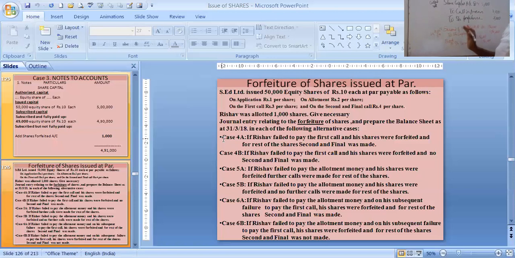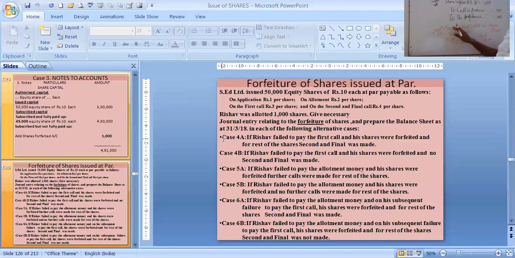Journal entry will be the same again for forfeiture. Calls in arrear: how much is not received? Allotment money not received, so 2 rupees per share, 2 rupees into 1,000, 2,000 rupees not received. Share forfeiture account will be how much? Share forfeiture will be 1,000, the amount received, that is, the application money received.